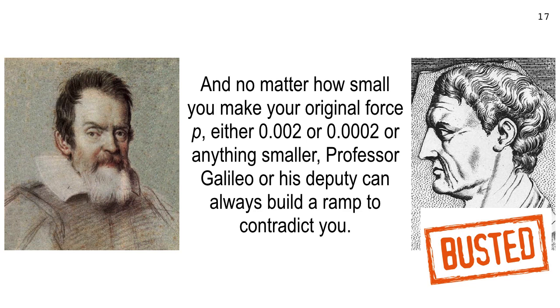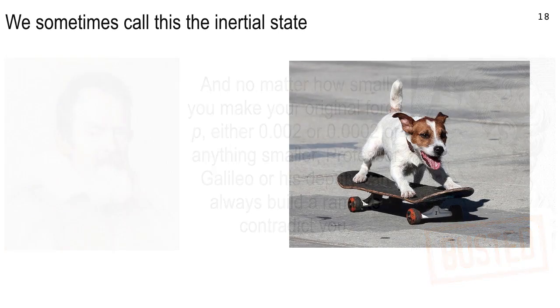Yeah, it can be at rest or it can be at a constant velocity. Same speed, same direction. It doesn't matter. It doesn't need a force for that. Okay? And that is what we sometimes call the inertial state or inertial motion. The whole idea of inertia.